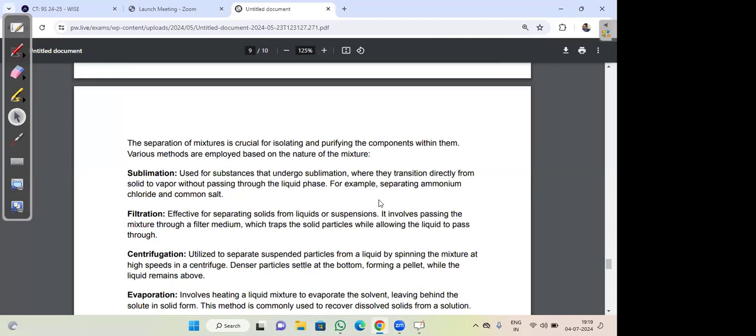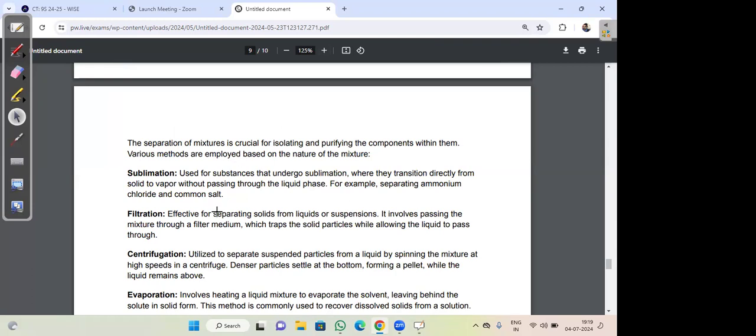For example, separating ammonium chloride and common salt. The formula of ammonium chloride is NH4Cl, and the formula of common salt is NaCl.